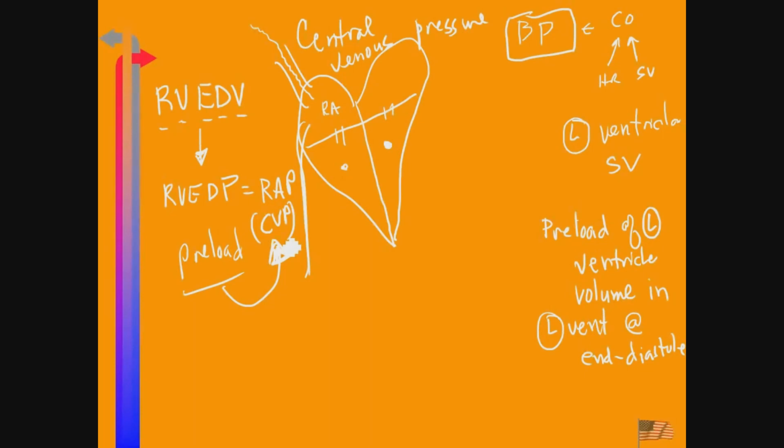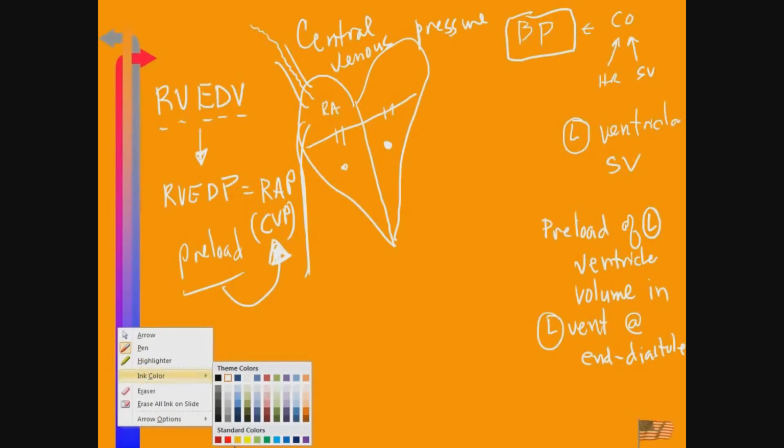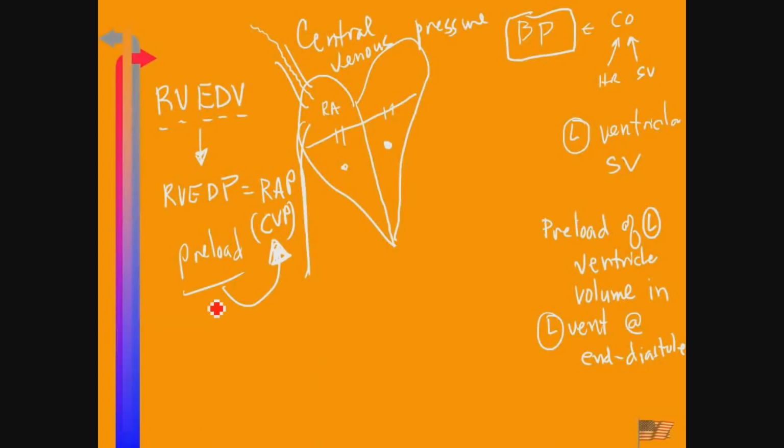Big duh, right? Well, the problem they were having is they were attempting to catheterize the pulmonary artery. But every time they tried to float a catheter through the tricuspid valve, it got hung up inside the right ventricle because it had no path to follow.